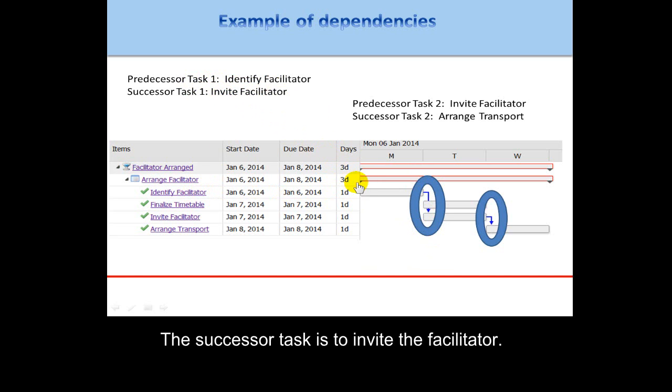The successor task is to invite the facilitator. And the dependency is stated like this: you cannot invite the facilitator until you have identified who the facilitator will be. So it's a very simple and clear dependency with a predecessor and a successor.